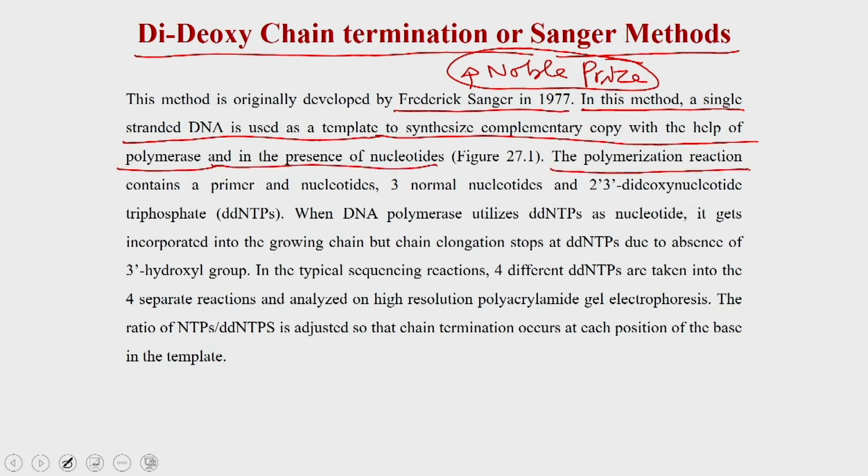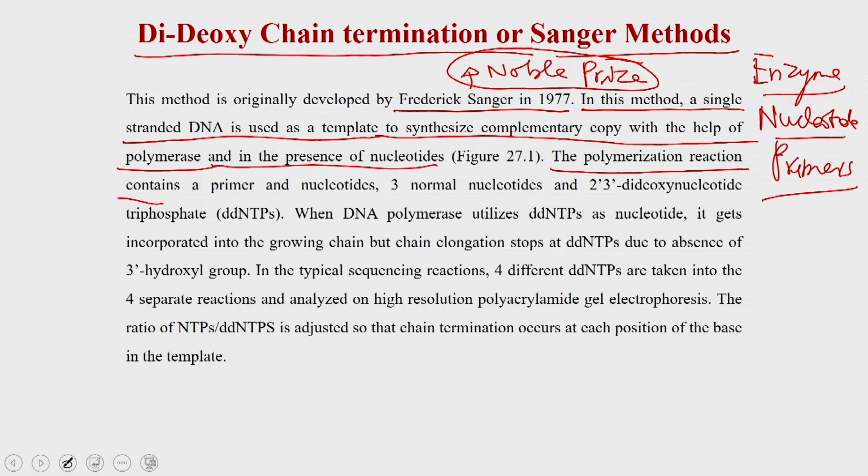The polymerization reaction requires the enzyme, which means the DNA polymerase, it requires the nucleotides and it requires the primers, if you remember when we were discussing PCR. So, these are the three things we require. For the primers you normally need the forward primer as well as the reverse primer. In this case we do not use both; we use only one of the primers, because we just have to generate the single stranded DNA.